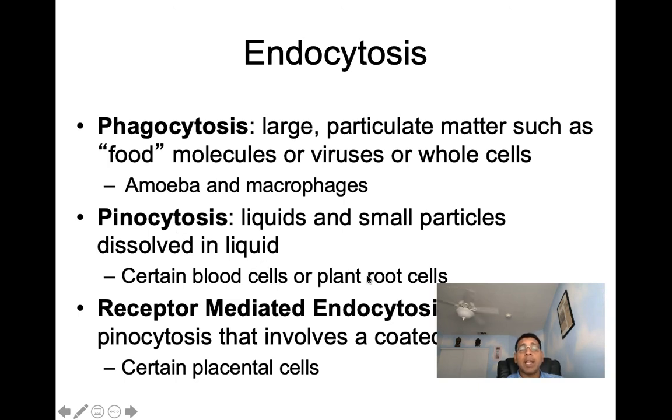Certain blood cells or plant root cells are capable of doing that. And then receptor-mediated endocytosis is a type of pinocytosis that involves a coated pit. And certain placental cells are able to exhibit receptor-mediated endocytosis.